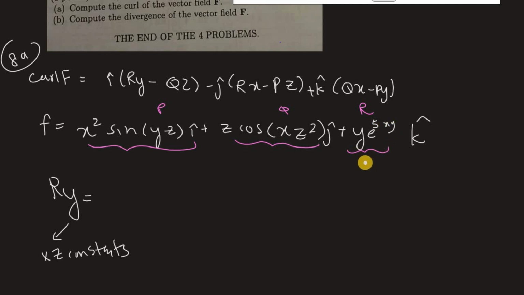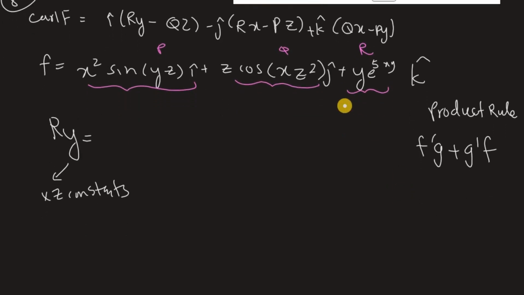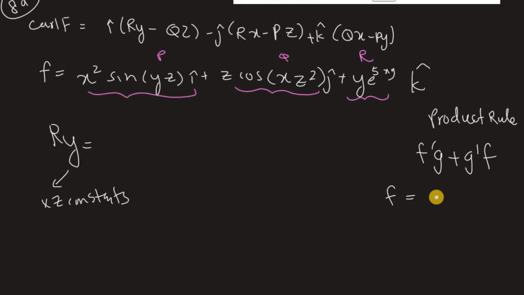For two functions multiplied together, we always use the product rule. Remember the product rule, which is f prime g plus g prime f. So here we have our first function as f, which is y, and our second function as g, which is e to the 5xy.